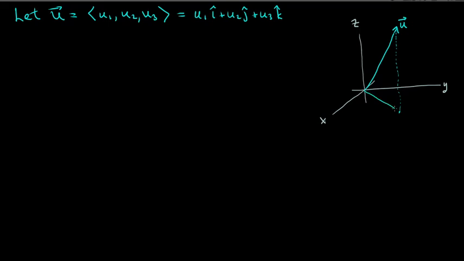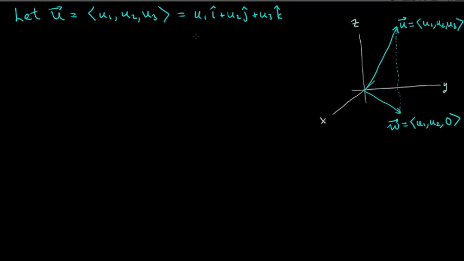So now we can think of this as the shadow of that vector on the xy plane. So if the vector u has components u1, u2, and u3, this vector down here, which I can't call u anymore because it is a different vector, I guess I'll call it w, will have components u1 and u2, but then the z component will be 0, because it lies in the xy plane, it doesn't have a vertical component.